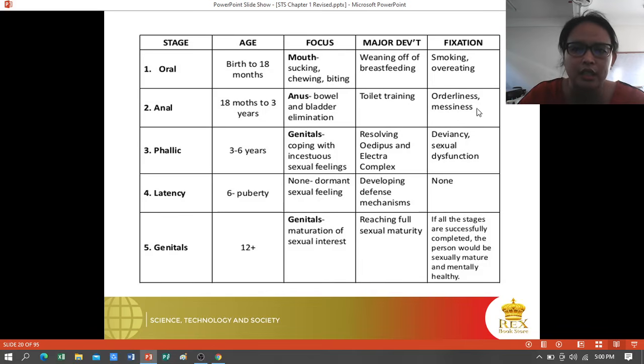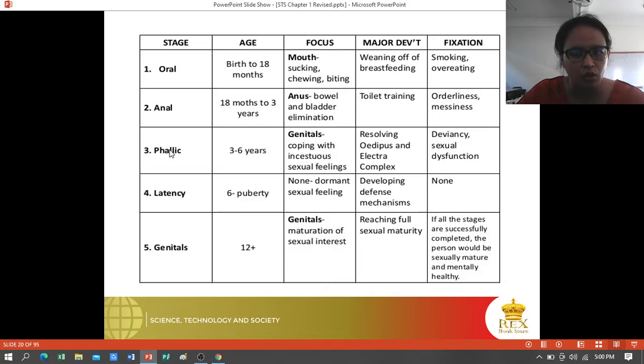So ibig sabihin dito, pag makalat ka daw at messy ka, it means na hindi na-satisfy ang iyong anal stage. Okay? Kasi hindi maganda ang toilet training o hindi ka na-toilet train. Kaya paglaki mo is you are messy or orderly.